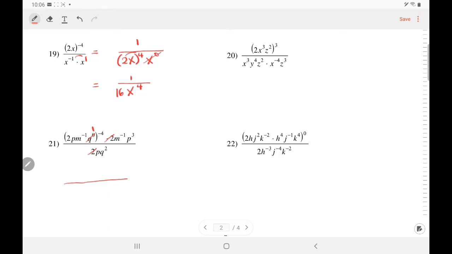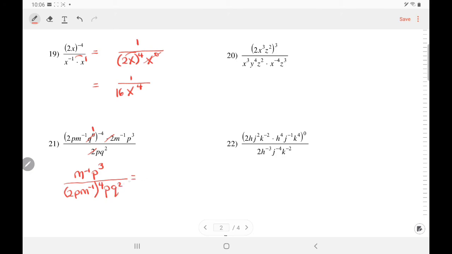This parenthesis here has a negative exponent, so I'm moving the entire parenthesis to the bottom. So 2pm to the negative 1, take it to the positive 4 because it moved. So that's taken care of. I still have an m to the negative 1 p cubed, and down here pq squared is still there.